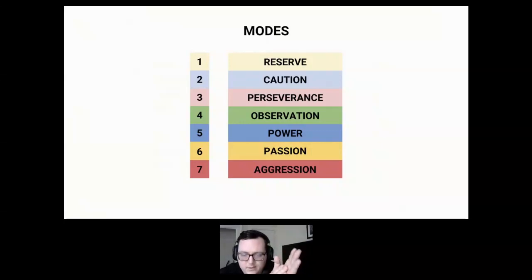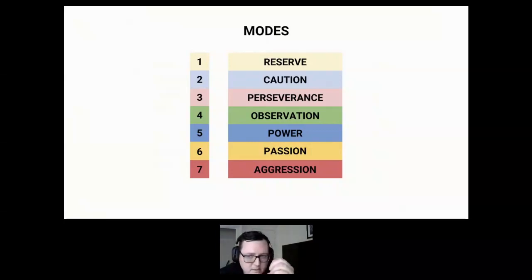So the most ordinal ones, which would start with reserve and then caution and perseverance, are more self-karmic and more introverted in nature. Number 4, observation, is in the middle. It's the neutral one. And 5, 6, and 7 are the exalted or cardinal modes, which create new karma in their interactions with other people.